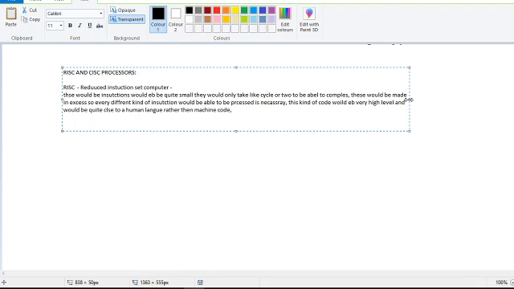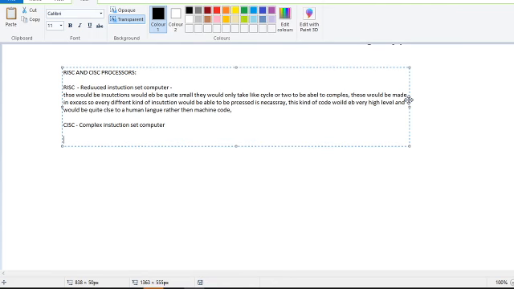Whereas CISC or complex instruction set computers would have a large instruction set. They would be used to be able to accomplish tasks with as little space as humanly possible.